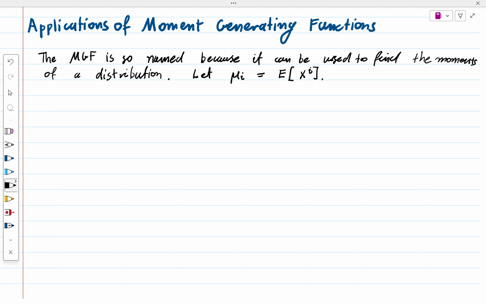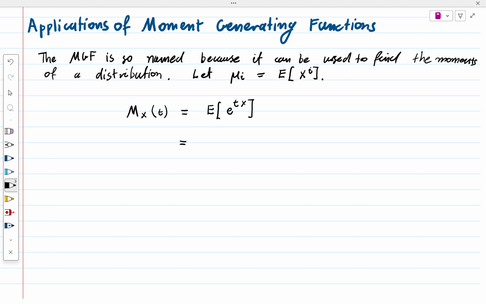Now, if we were to express the moment generating function in terms of mu i, we can do it in the following way, and this will show us really why it's defined the way it is. If you take the moment generating function, and recall we've defined it before in a previous video, it's the expectation of e to the power of tx.